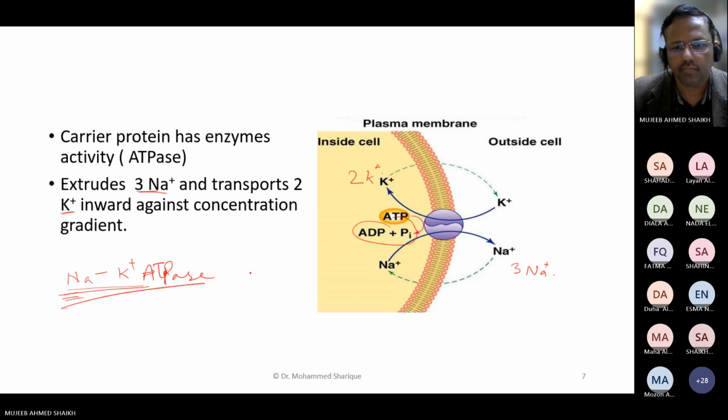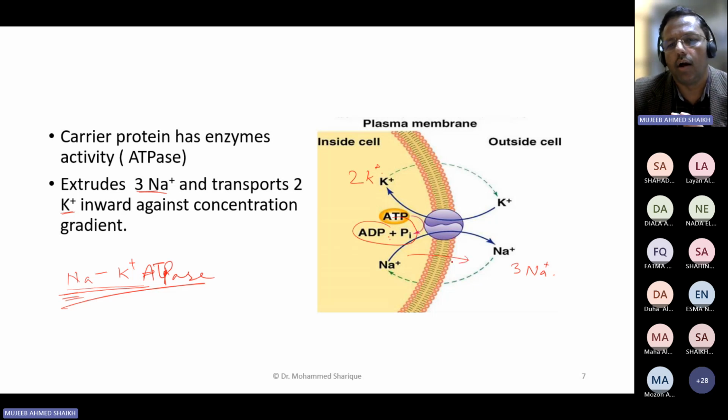So the sodium potassium ATPase pump is a great example of primary active transport. Here the energy is utilized directly at the site, throwing sodium outside the cell and taking 2 potassium inside. So 3 sodium going out, 2 potassium coming in, in one cycle, every time ATP is converted into ADP.